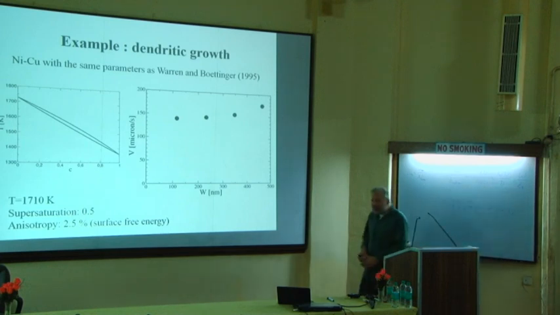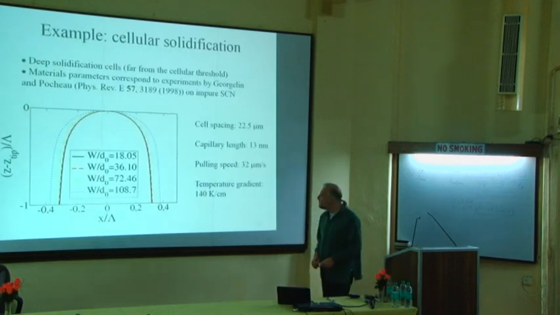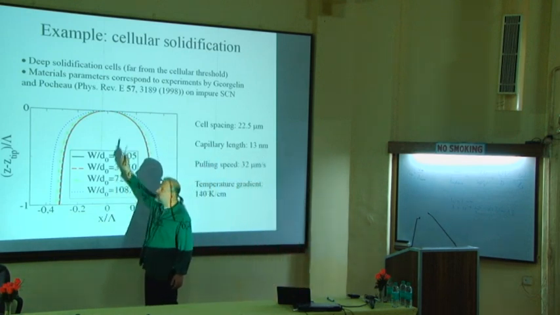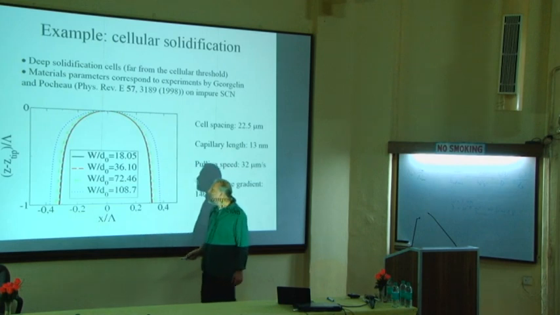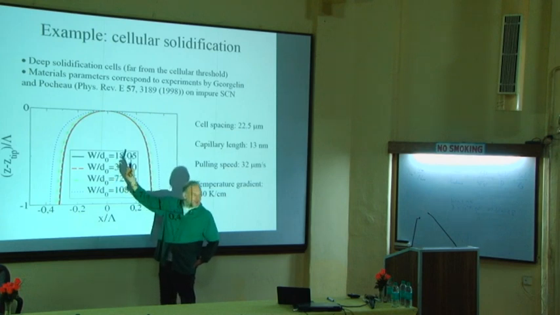So everything works fine. Here is a plot, I think, from our 2004 paper. What you see here is a solidification cell, so it's a solid finger that grows upward in a temperature gradient. And same thing, here what varies is the interface thickness, because d0 is the capillary length, so it's a fixed parameter.